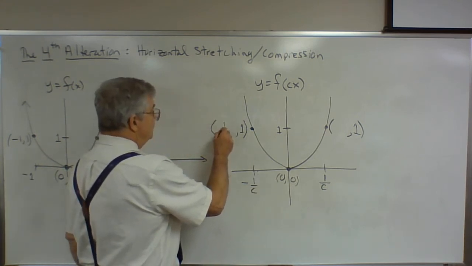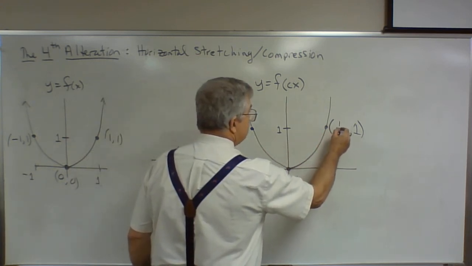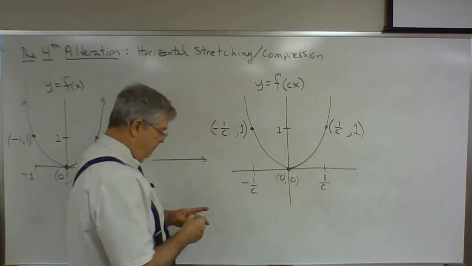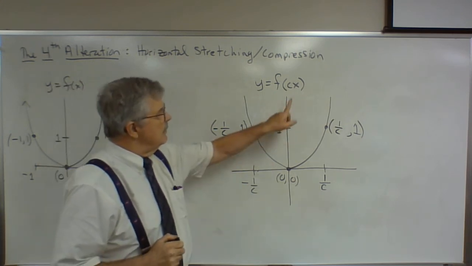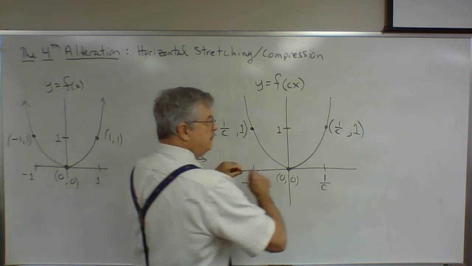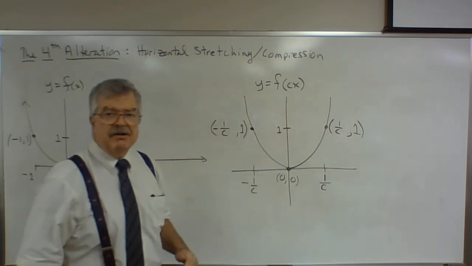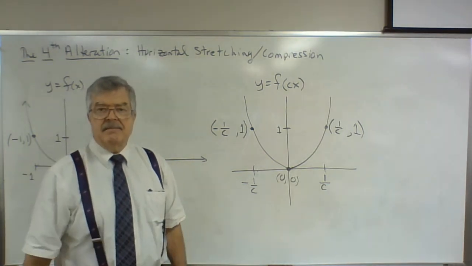And now all of a sudden, we have the coordinates of this graph, but they're not what we'd expect them to be. We'd think, wait a minute, we're multiplying x by c. That should stretch this graph out horizontally by a factor of c. And you know what?